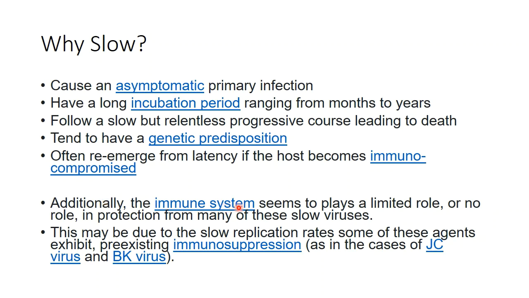Additionally, the immune system seems to play a limited role or no role at all for many of these viruses. This may be due to the slow replication rates some of these agents exhibit. Pre-existing immunosuppression is often required, especially in cases of HIV, JC virus, and BK virus.